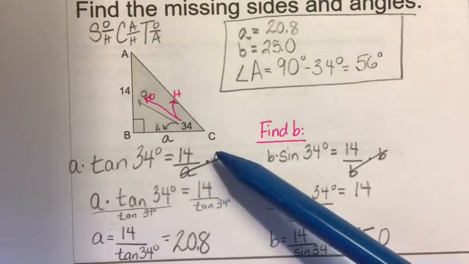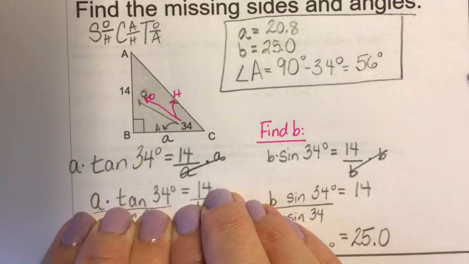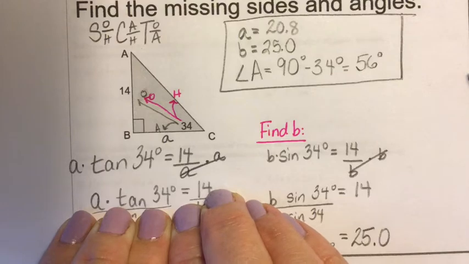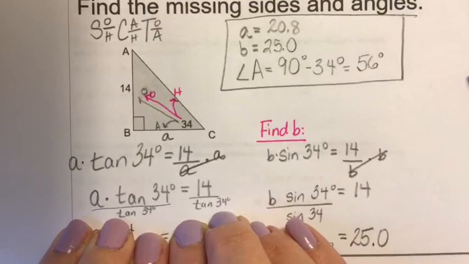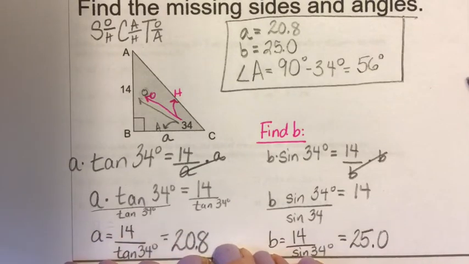Therefore, I multiplied both sides by A. I had this here. A times the tangent of 34 degrees equals 14. Then I divided both sides by the tangent of 34 degrees. That left me with A equals 14 divided by the tangent of 34. If you type 14 divided by the tangent of 34 degrees in your calculator, you get 20.8.